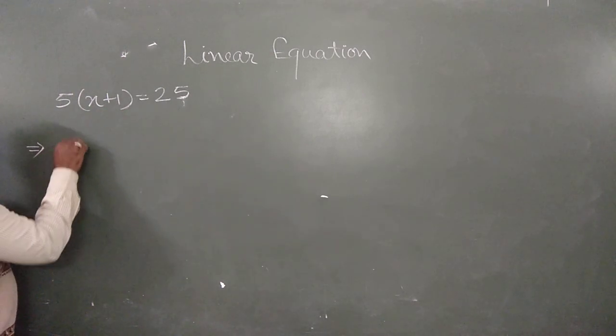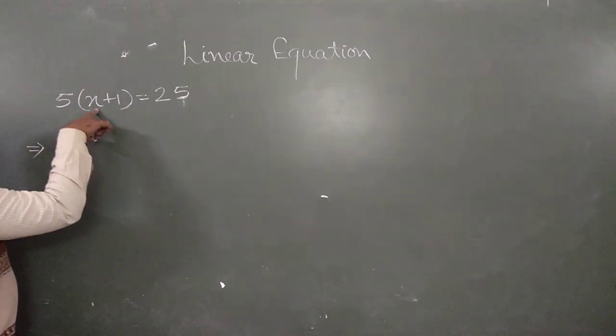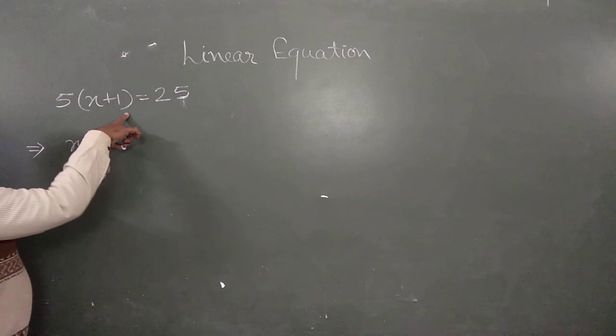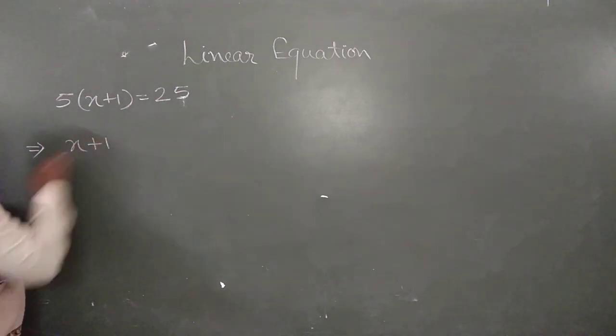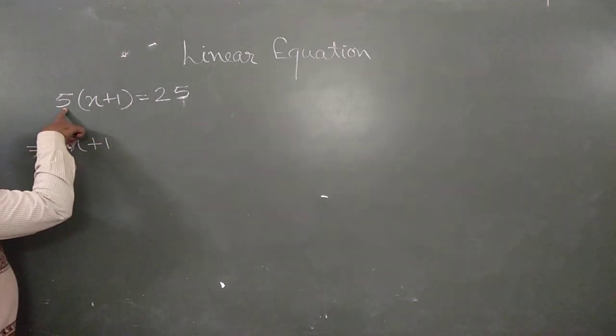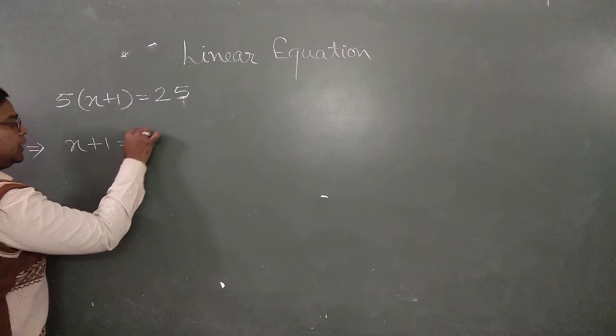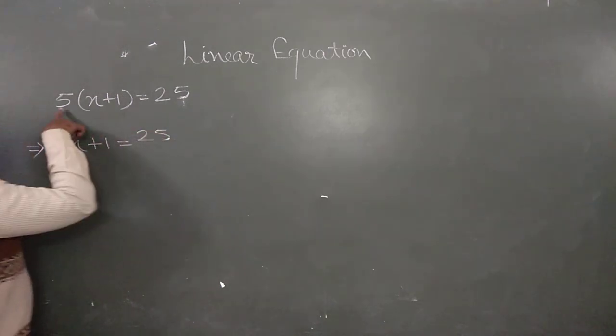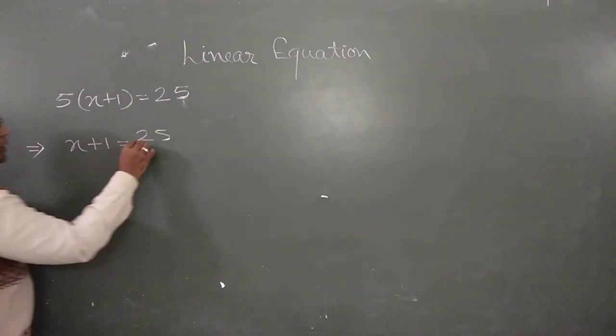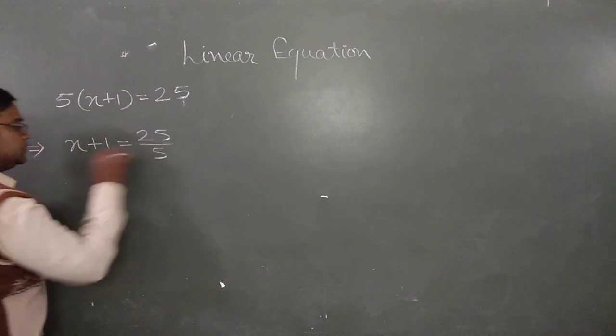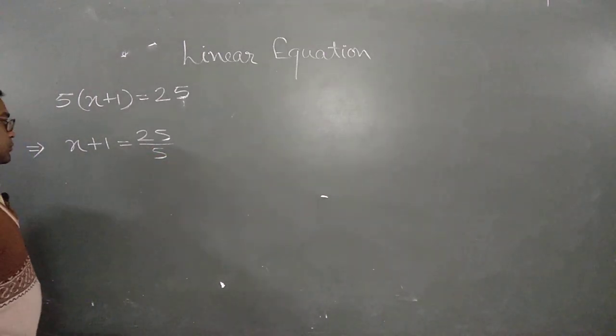So we need not multiply 5 with the number and the variable. Simply take x plus 1 and transpose this 5 to that side. It's multiplied with x plus 1, so on this side it divides. Always remember this one.